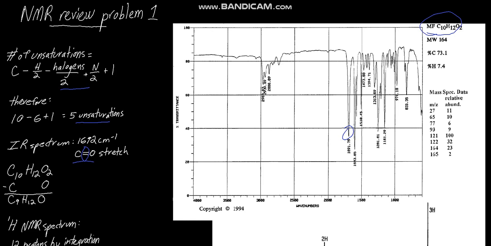All right, so we have that CO group. We can subtract that from the formula, and this tells us what is left over. This also provides 1 unsaturation, so there's actually still 4 unsaturations left to describe.